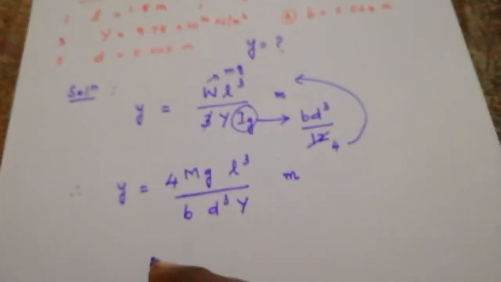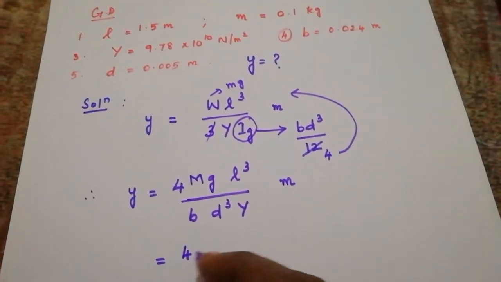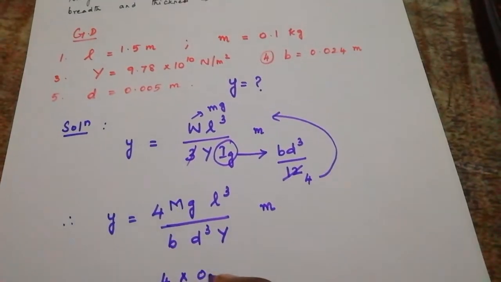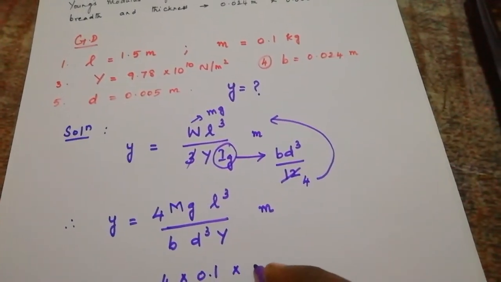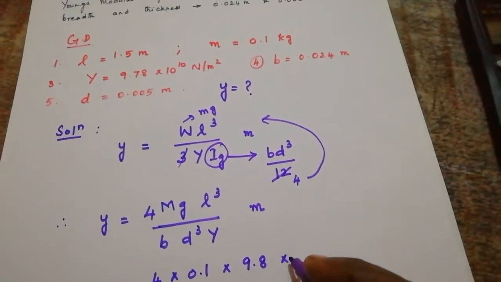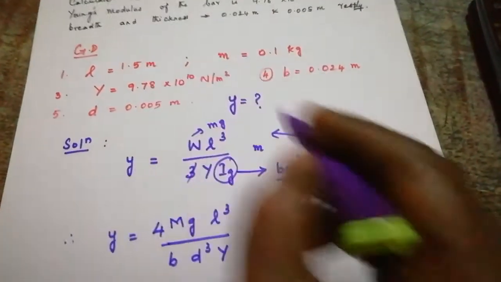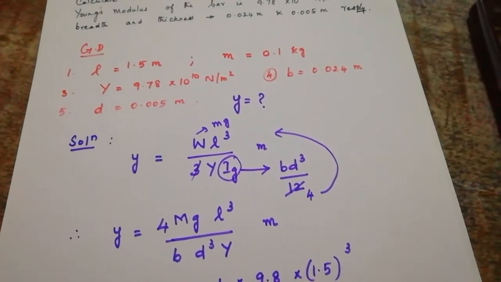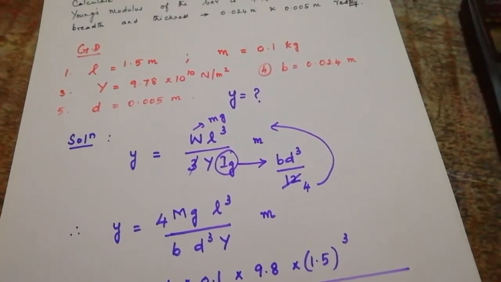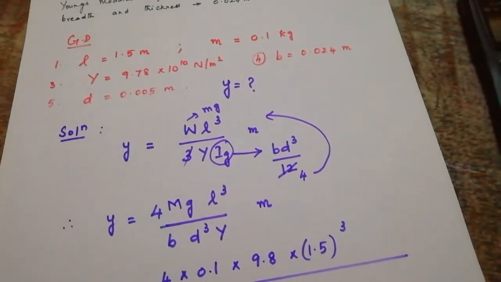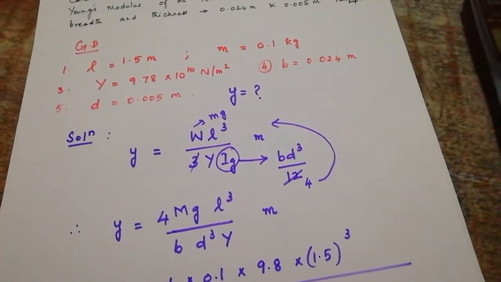So I am substituting the values. The mass is given as 0.1 kg. We are on earth, therefore 9.8 m per s square is the g value. Length is 1.5 meter, the whole cube, divided by breadth value, which is given as 0.024.